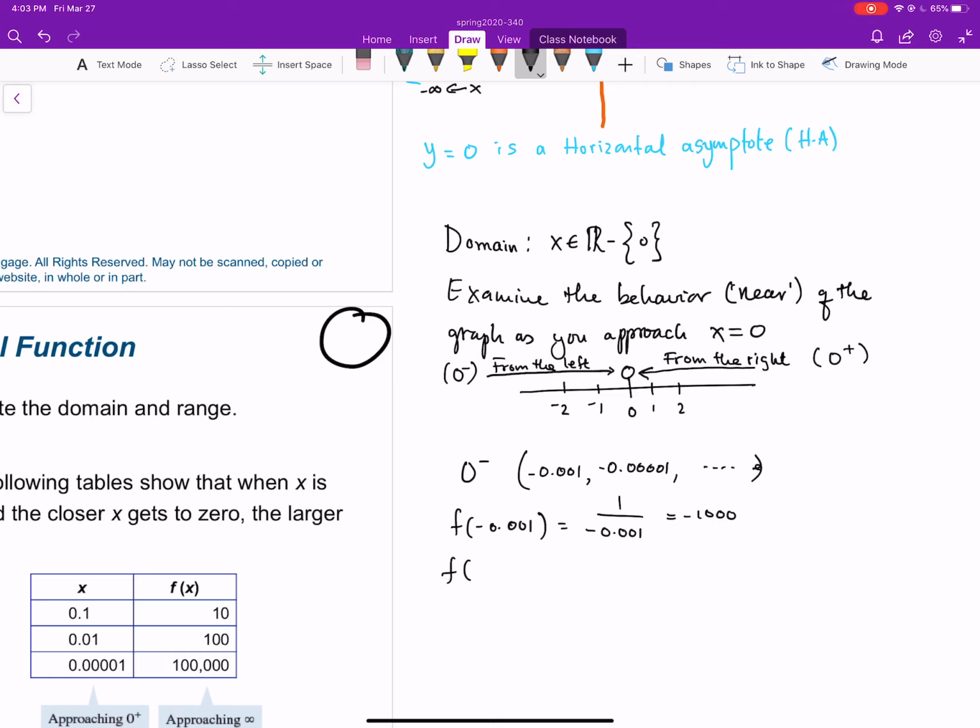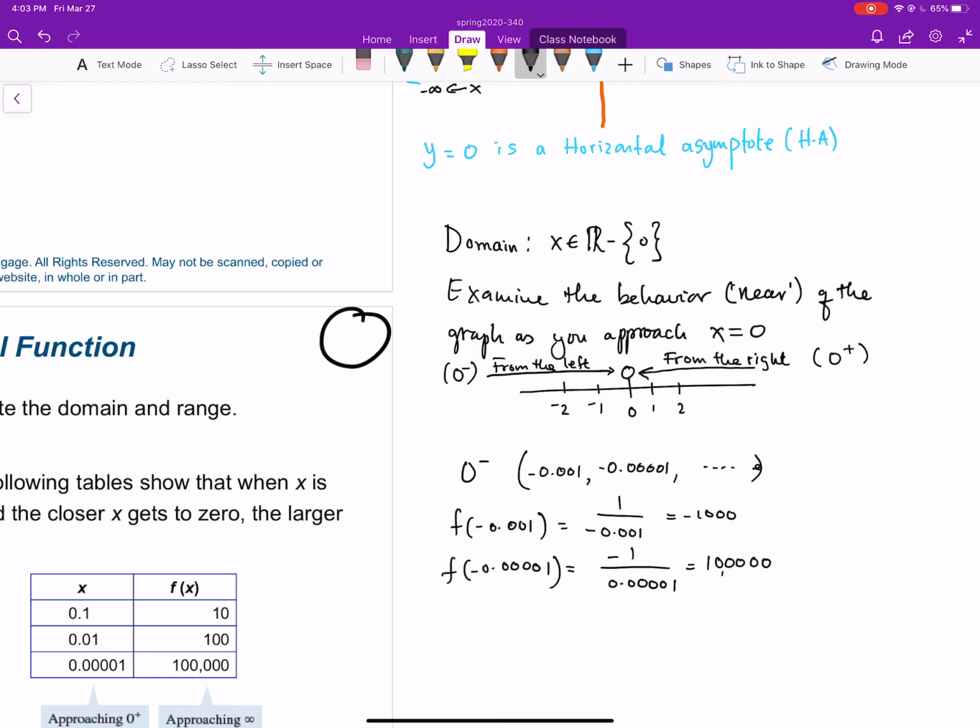And then if I try -0.00001, I end up getting -100,000.